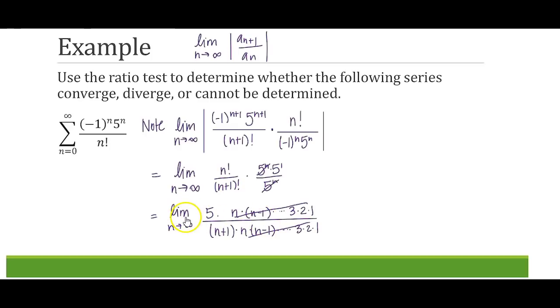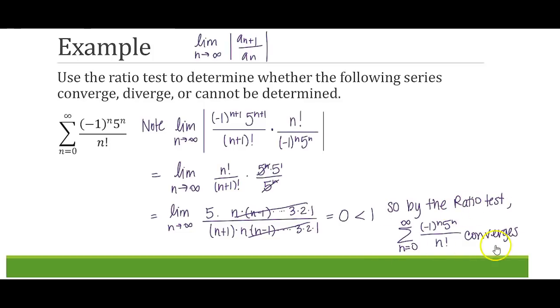So what I'm really evaluating here is the limit as n approaches infinity of 5 over n plus 1. Well, if I have a constant on the top and the denominator is getting really big, that whole fraction goes to 0. So this limit equals 0, which is less than 1. And since I have the limit as a value less than 1, the ratio test tells me that my infinite series converges.